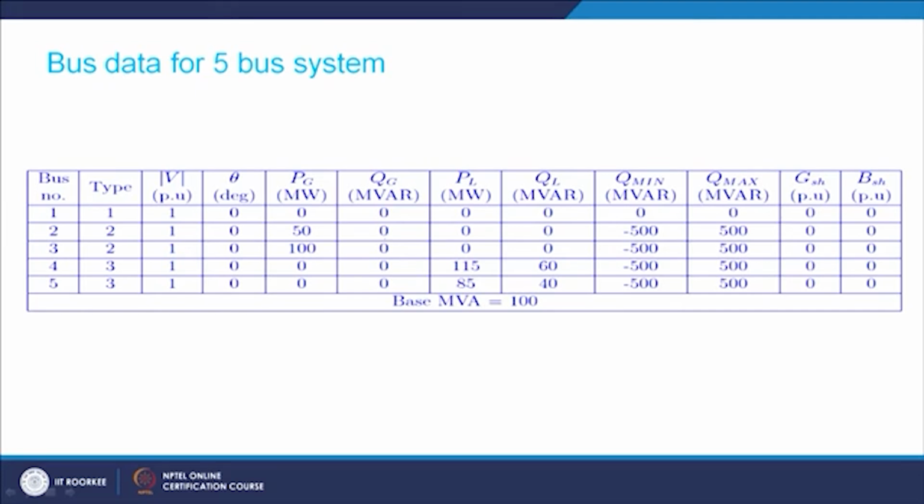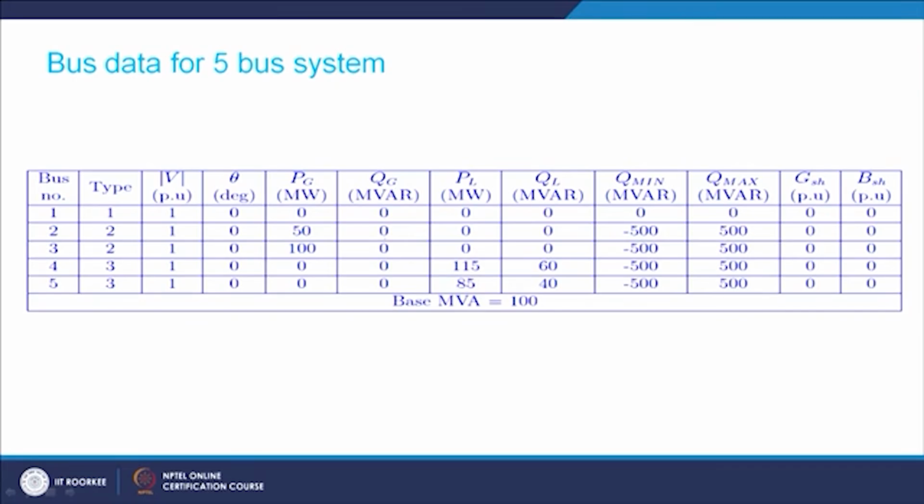Now, bus 4 and bus 5 are the load buses, and for these load buses P load is 115 megawatt for bus 4 and P load is 85 megawatt for bus 5, and similarly we have Q load 60 and Q load 40 for bus 4 and bus 5. Please remember PL and QL are 0 for bus 1, 2, 3 because these are generator buses.